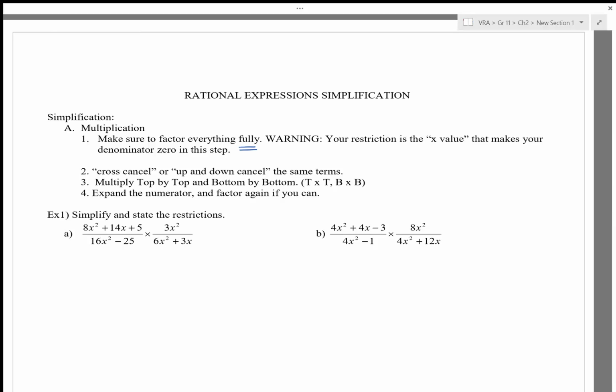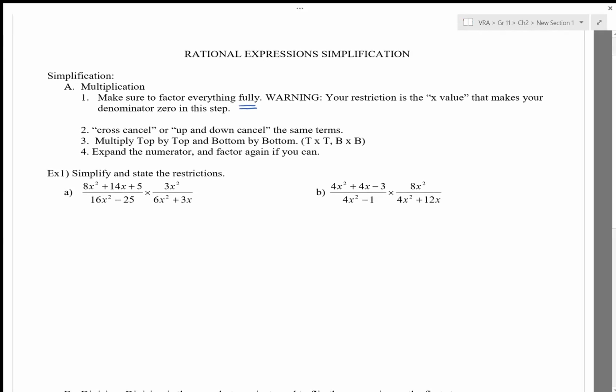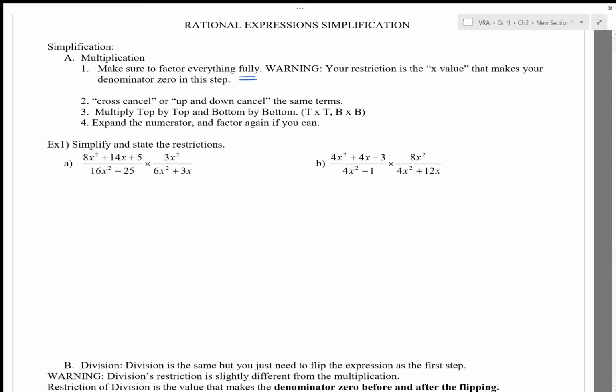There is a reason why: if you cancel first and then try to find the restrictions, there's a high chance that you're going to miss some. The restrictions are all the values that make your denominator 0. Then you either cross cancel or up and down cancel, and then you multiply top by top and bottom by bottom. And that's pretty much that.